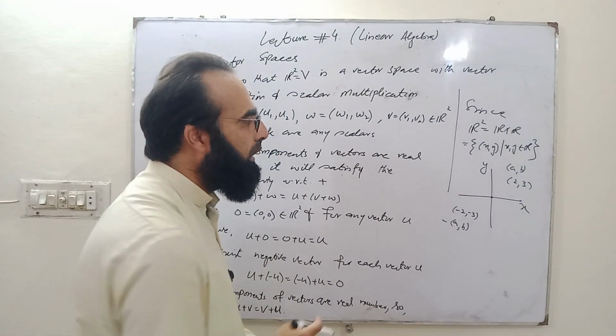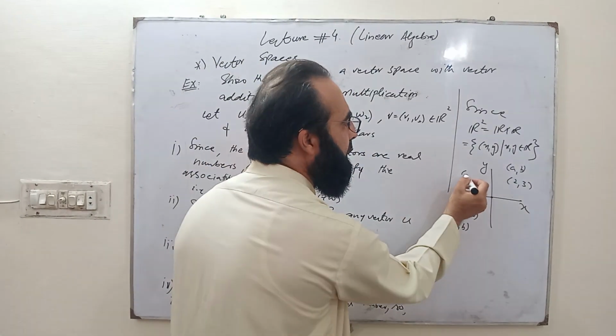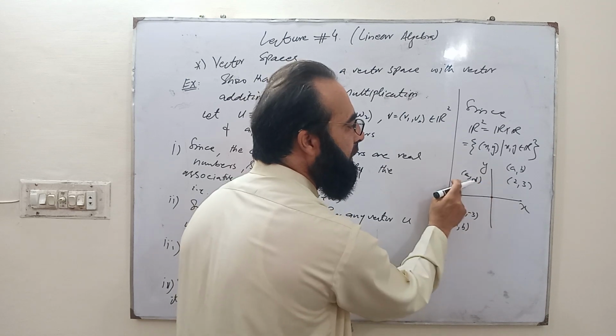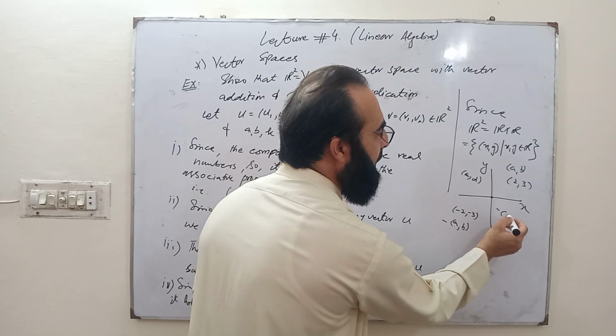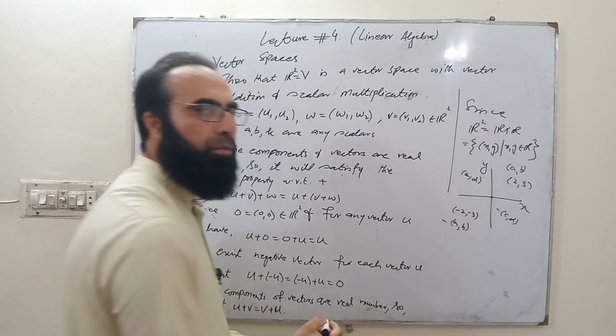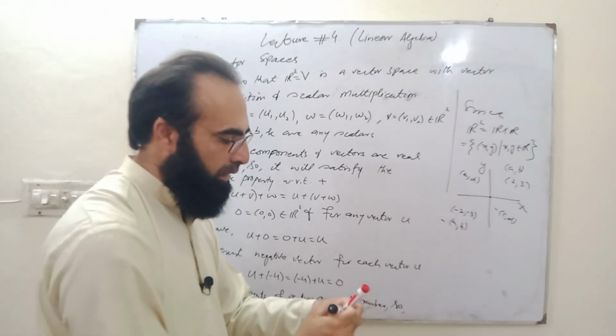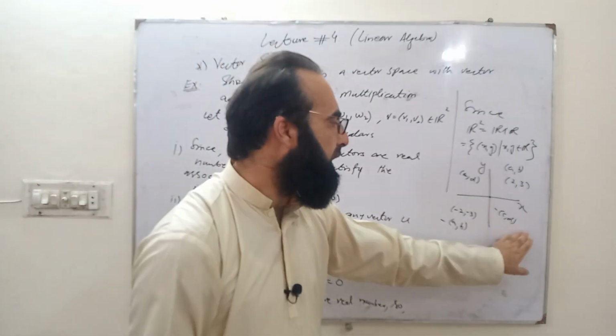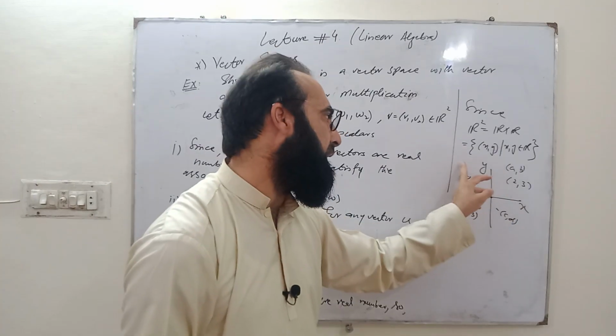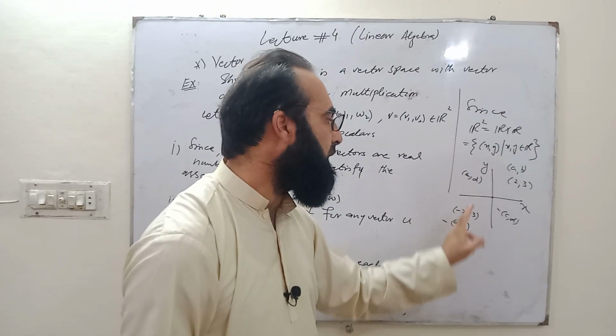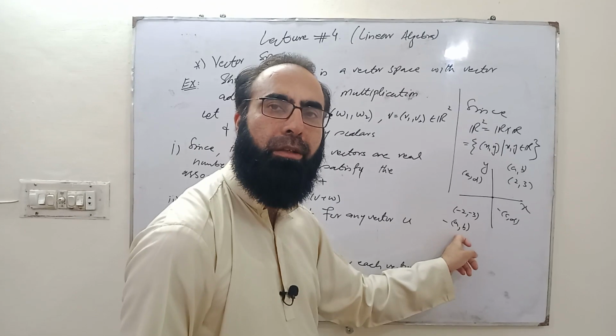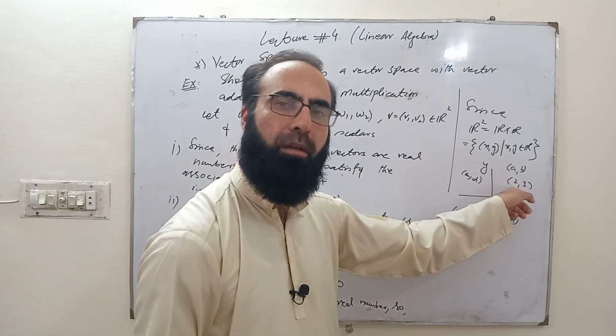If we take any point c, d in the second quadrant, its negative will lie in the fourth quadrant, and vice versa. The negative of a point in the fourth quadrant will lie in the second quadrant, and the negative of a point in the third quadrant will lie in the first quadrant.